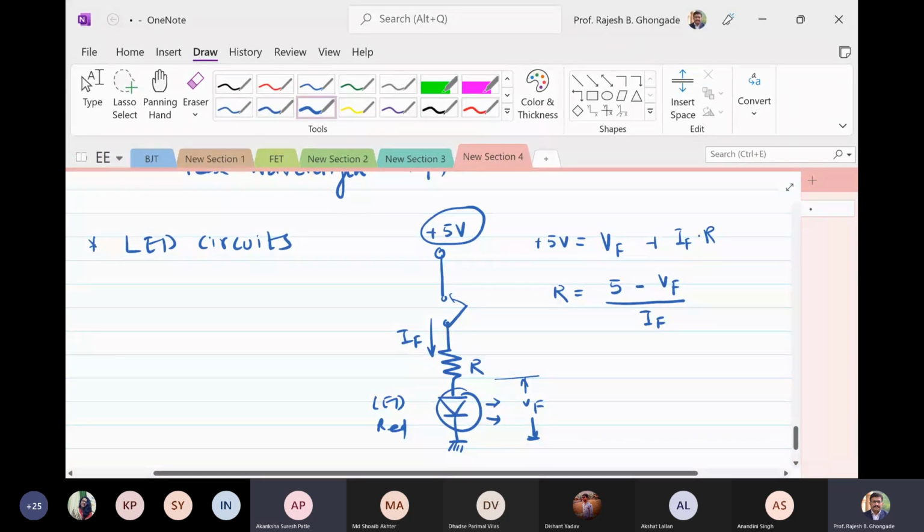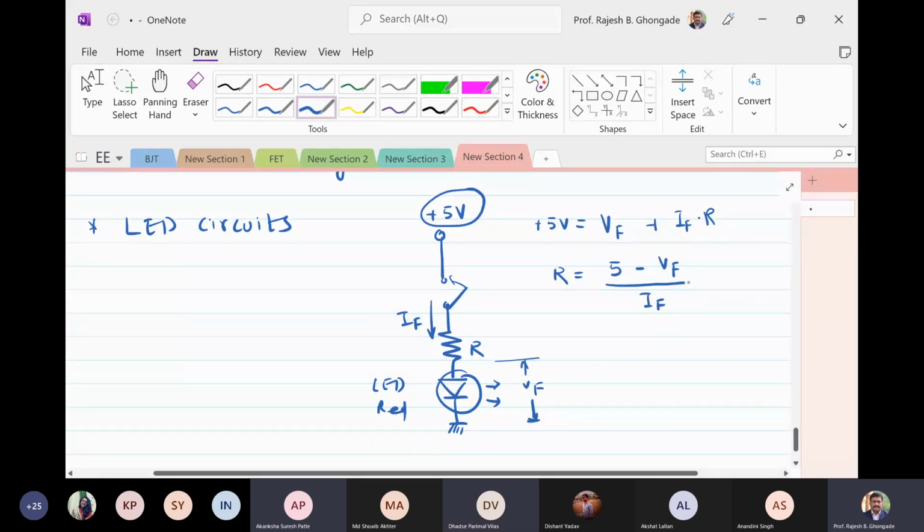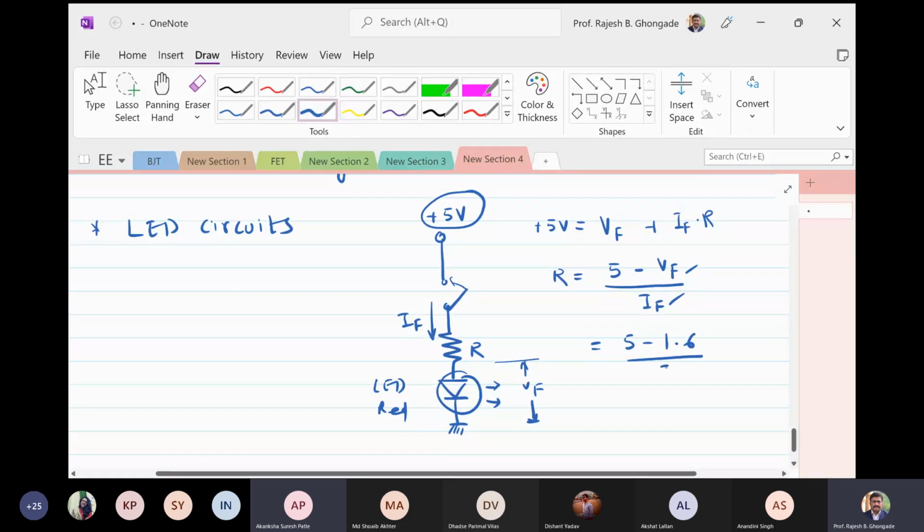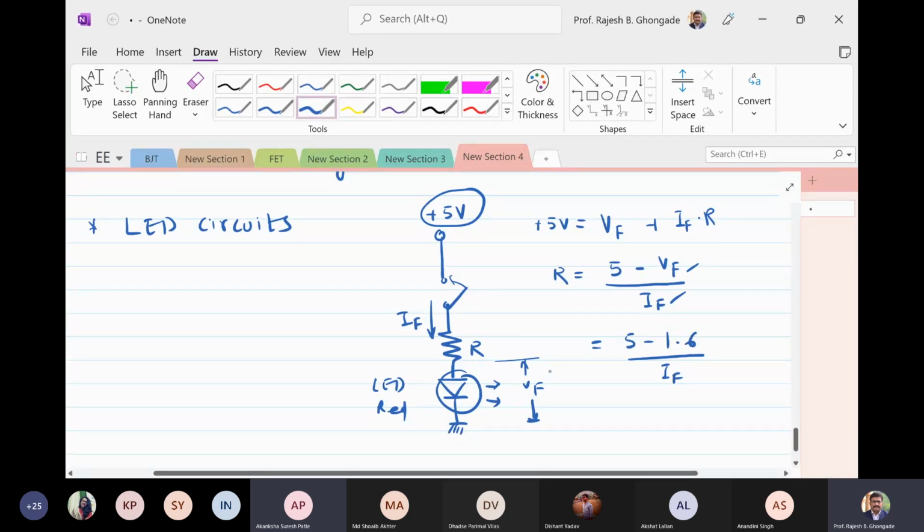But the problem here is that there are two unknowns. We know that VF is, let us say, 1.6 volts. So 5 minus 1.6 volts divided by IF. But IF is not known. So what to do? How will you solve this?